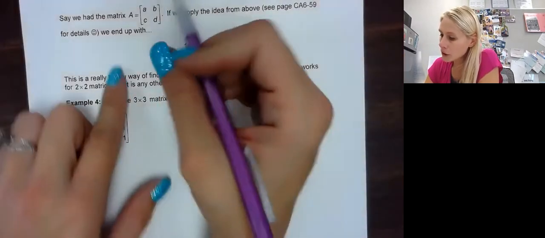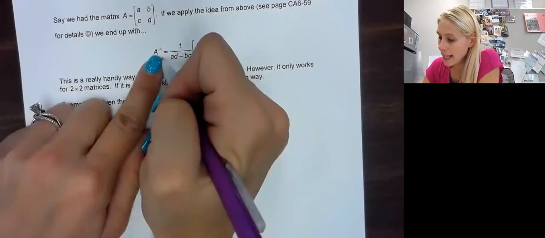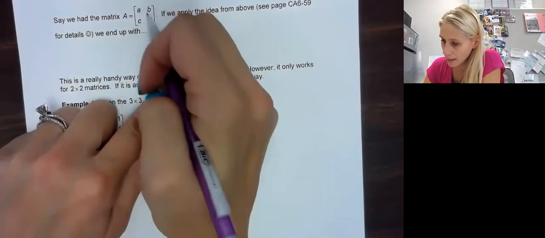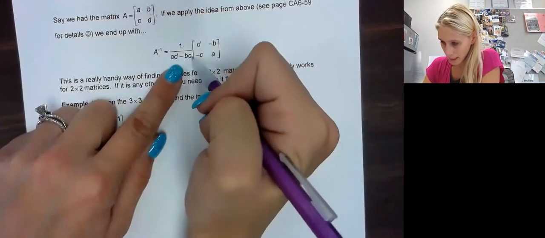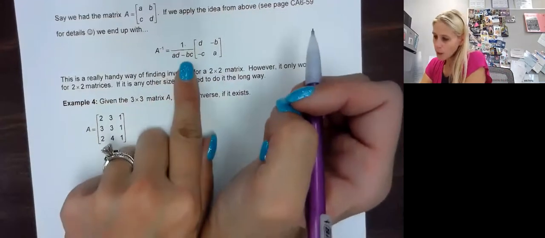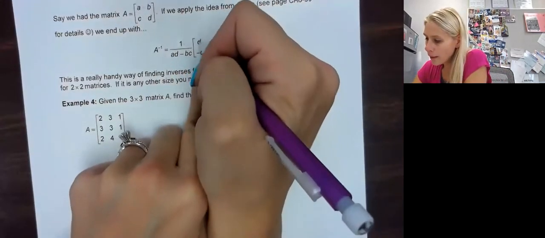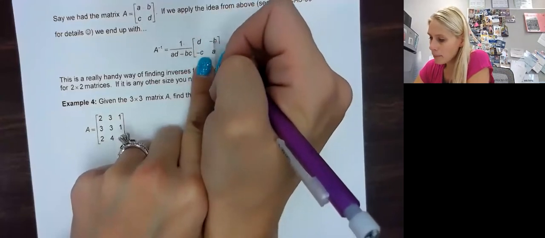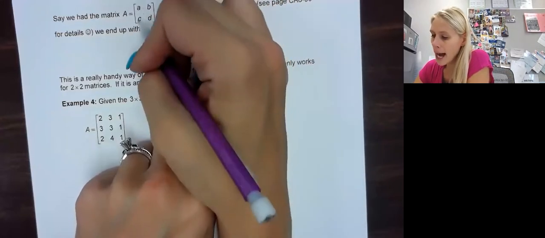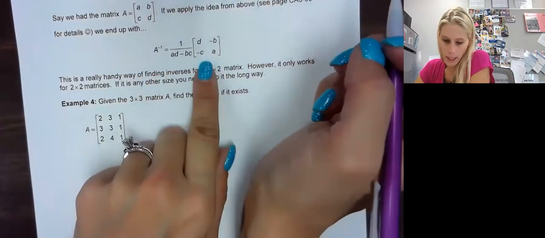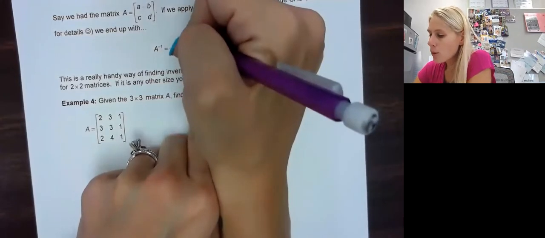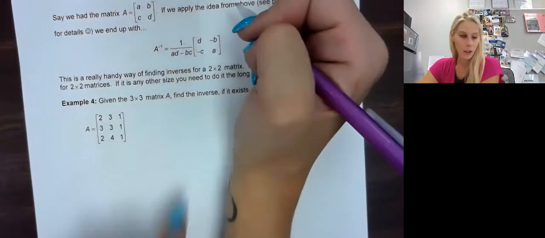To get the inverse, it's 1 over a times d minus b times c. Then we have to switch a and d and make b and c opposite to what they were up here. Once you have that, you then have to multiply that scalar in.